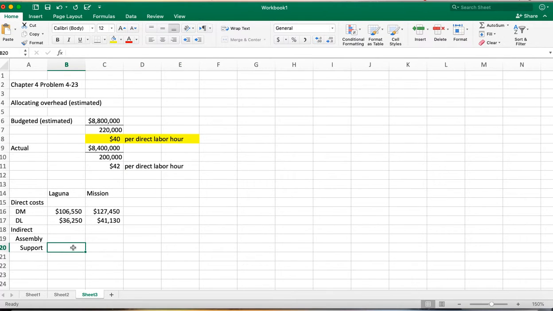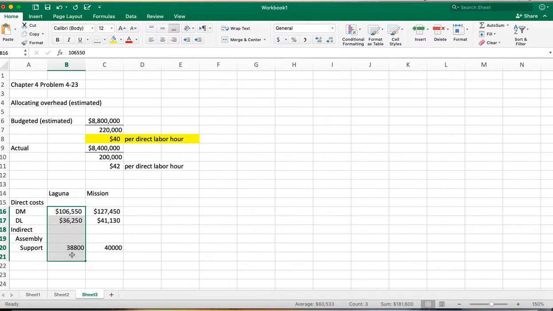And so we would figure out how many direct labor hours we had on that model, and that's given to us as well. It's 970. So it's $40 times 970 hours. And then this is the $40 times, and again, those hours are given to us as 1,000 direct labor hours.